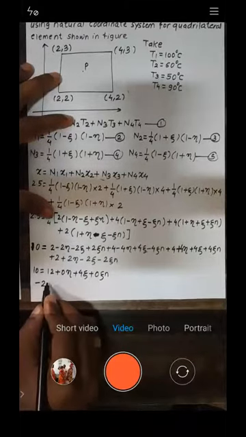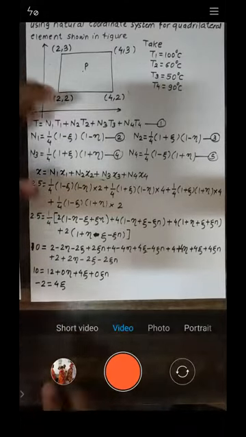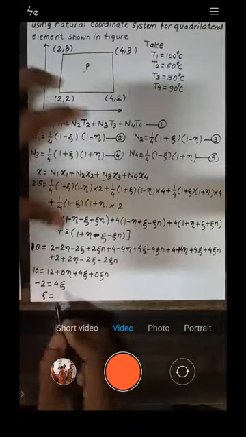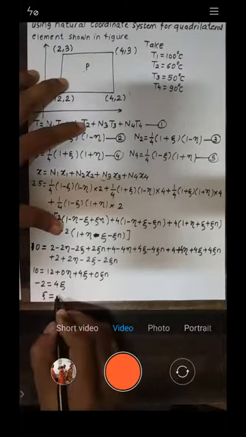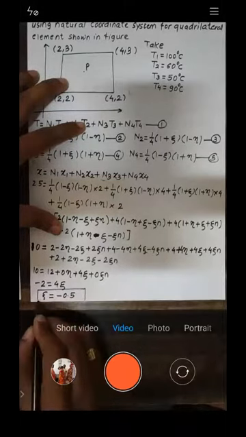Minus 2 is equal to 4 zeta. Then what is the value of zeta? Can you tell me? Minus 1 by 2, that is minus 0.5, right?